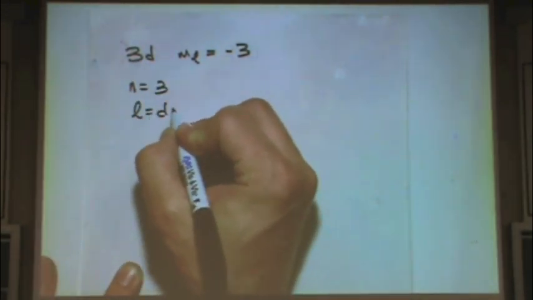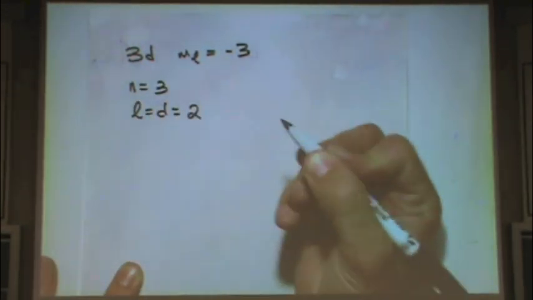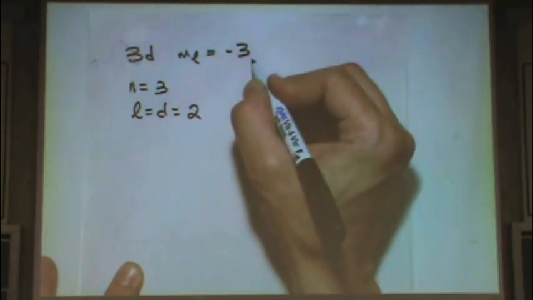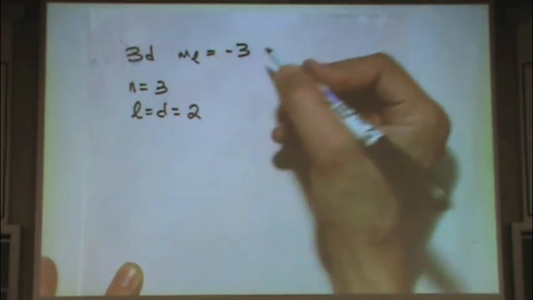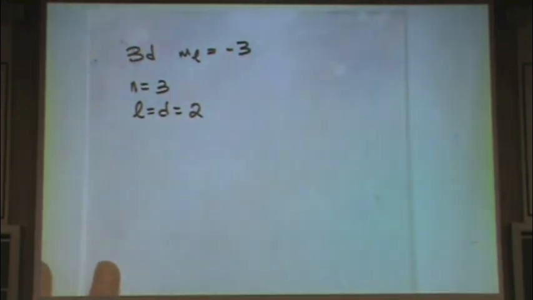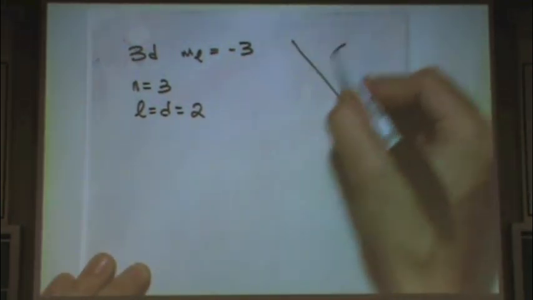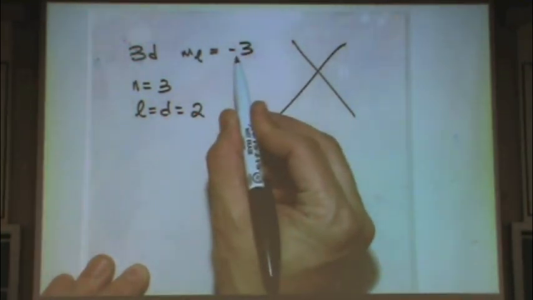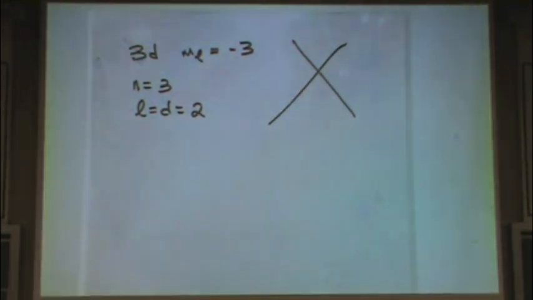L equals d, which is the number 2. So if L is 2, could m sub L be -3? No. If L is 2, m sub L is between -2 and +2. So this is not possible. That number is too negative. -2 would work, or -1, or 0, but -3 is not possible.